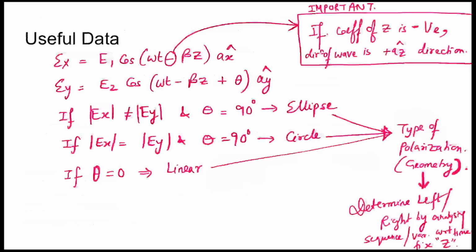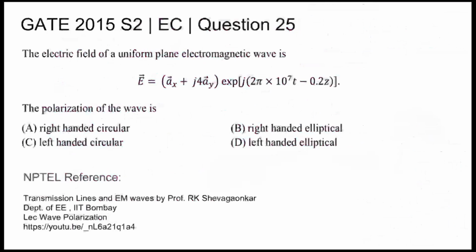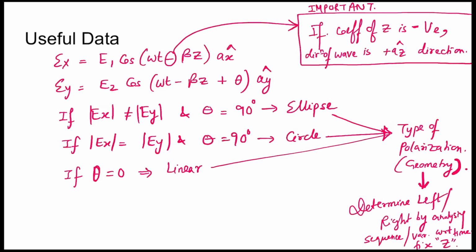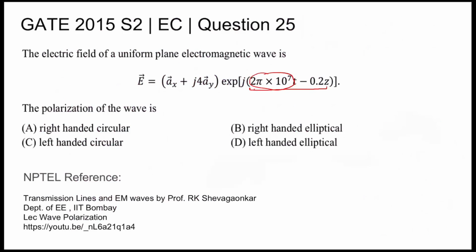This is in sinusoidal form and this is in exponential form. This phase information is here, and the angular frequency is this. Similarly, the thing contained inside sine or cos, this phase, becomes the e to the power jθ.